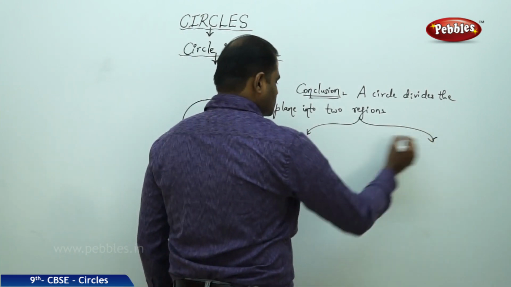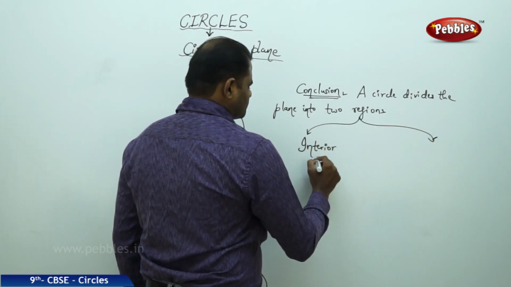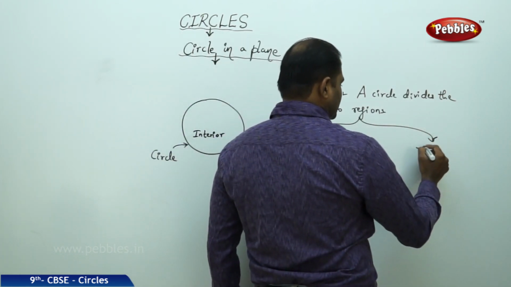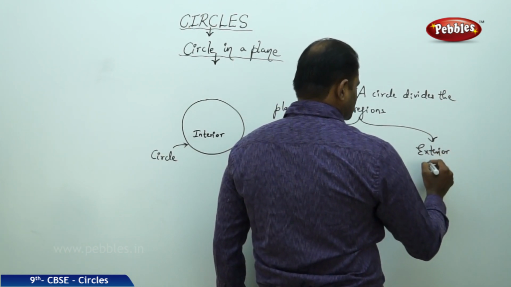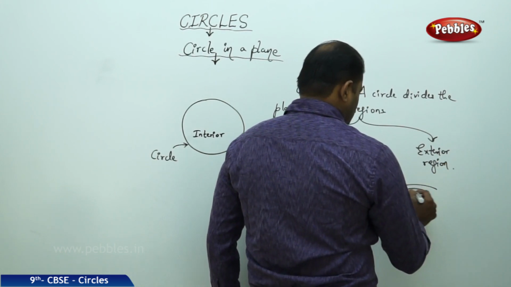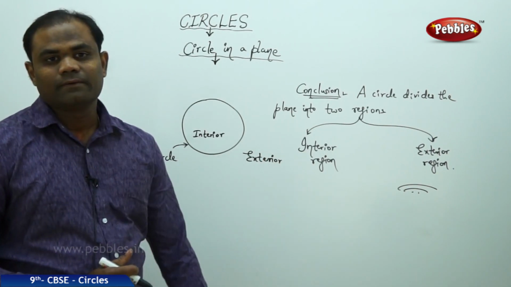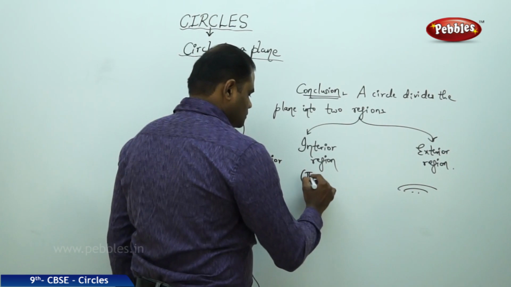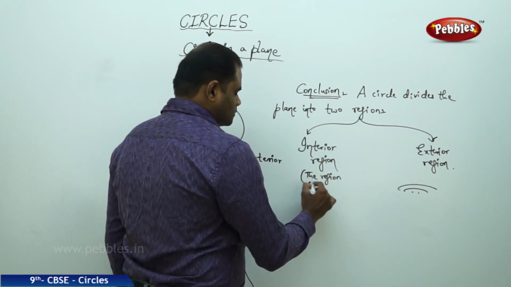One is interior region and the other is exterior region. Interior and exterior region. The region inside the circle refers to the interior region.